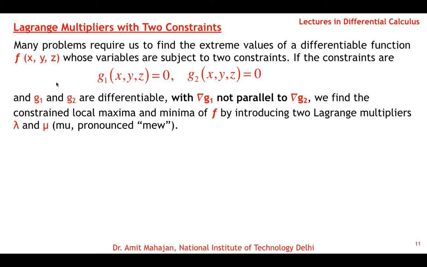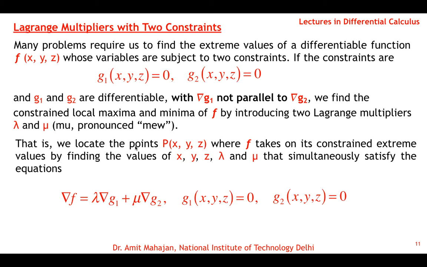We find the constrained local maxima and minima of function f by introducing two Lagrange multipliers lambda and mu, and then for any point p where the function takes on extreme values, we can find that point p by calculating the values of x, y, z, lambda and mu that simultaneously satisfy these three.